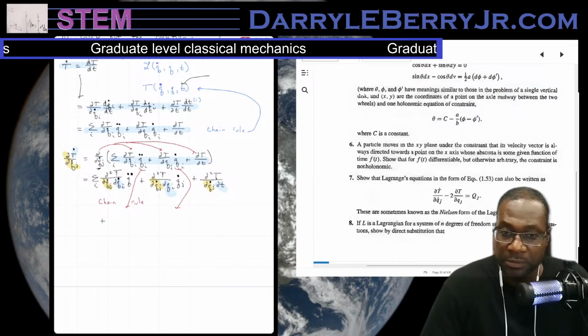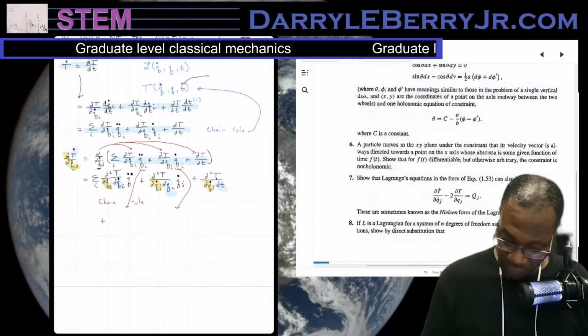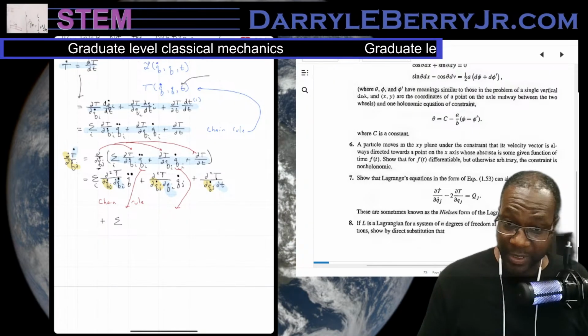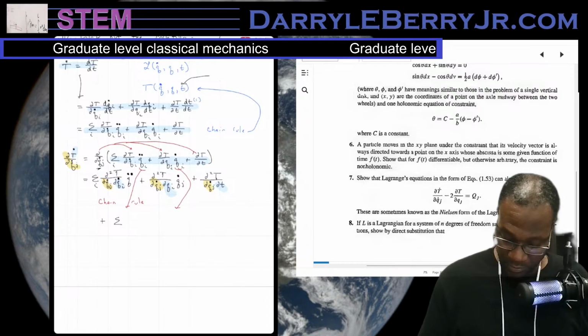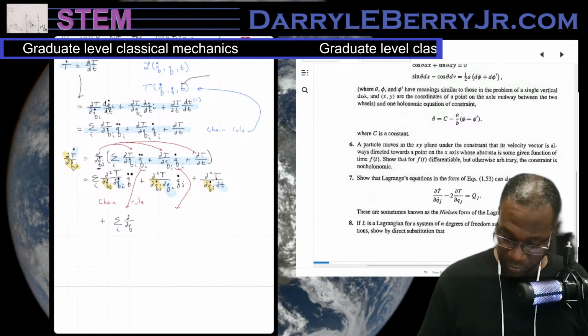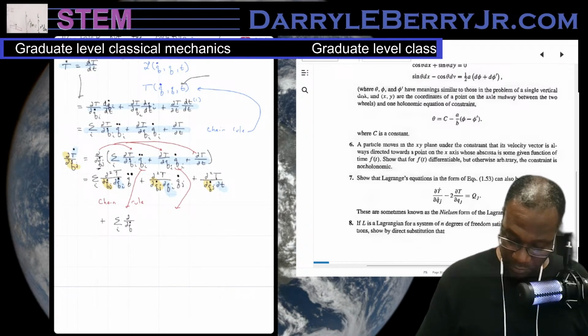That's correct. We have some sum over i of partial over partial q j, q double dot.